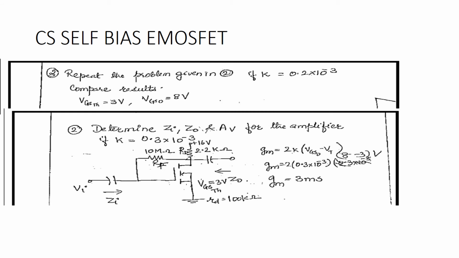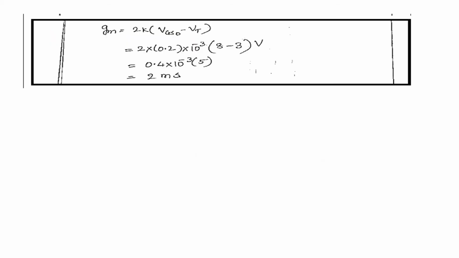Self-bias E-MOSFET. Repeat the problem given if K is changed to 0.2 into 10 raised to minus 3 and compare the results. Determine the input impedance, output impedance and voltage gain for the amplifier if K is 0.2 into 10 raised to minus 3. So gm is equal to 2 millisiemens.